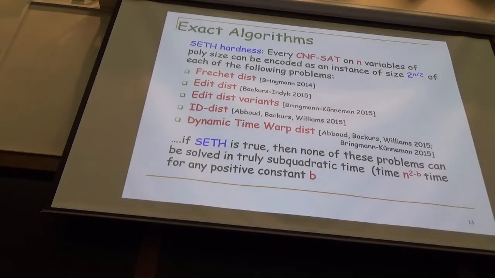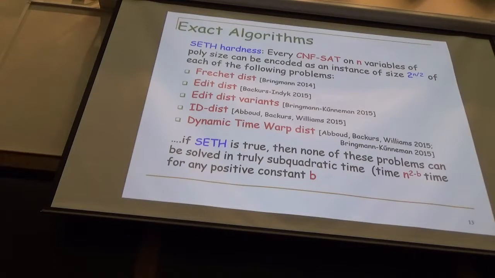So if SETH is true, and if you could solve any of these problems in truly subquadratic time, like n to the 1.99, then you could use that algorithm to solve satisfiability by doing the encoding in time 2 to the 0.99 n, and so you would violate the strong exponential time hypothesis.